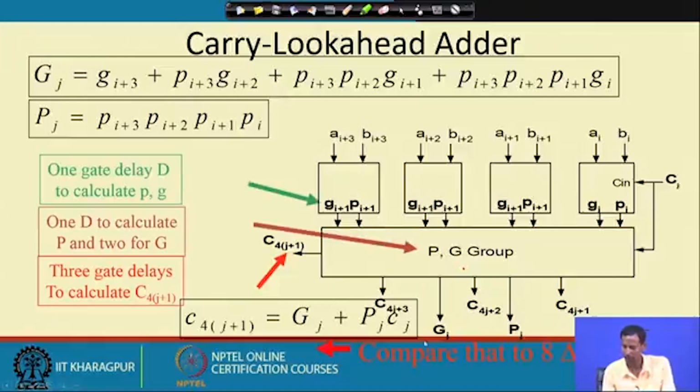So, the total number of gate delay is 1 here, 1 to calculate P and 2 for calculating the G group, and 3 gate delays to calculate C4j+1. So, the total required is 1 plus 1, 2, then 4 plus 3, which is 7 gates.